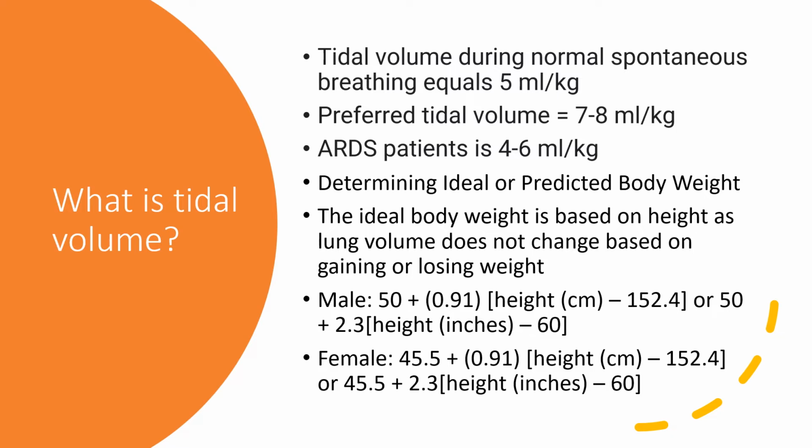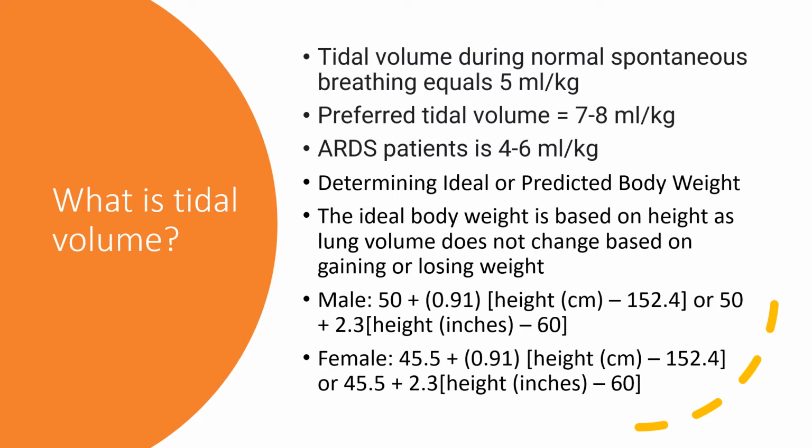So keep in mind that if someone's in ARDS or has any kind of lung injury, you want to use a lower tidal volume strategy. And if someone is just on basic mechanical ventilation, you want to give them a tidal volume of 7 to 8 milliliters per kilogram. And also keep in mind that you and I breathing spontaneously, very normal physiologic breathing, is about 5 milliliters per kilogram.